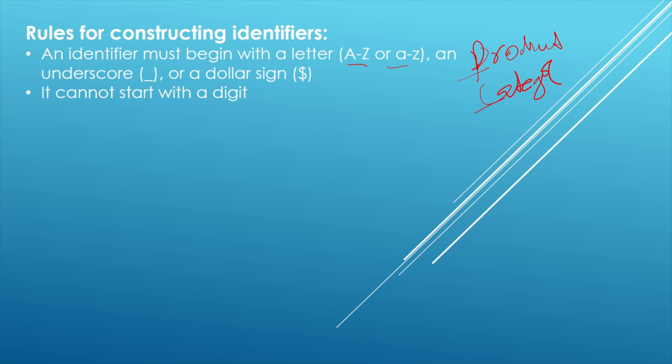And it cannot start with something like a number followed by product. As per the second rule, no, we cannot write with a number first. But it can start with a letter, or an underscore, or a dollar sign.